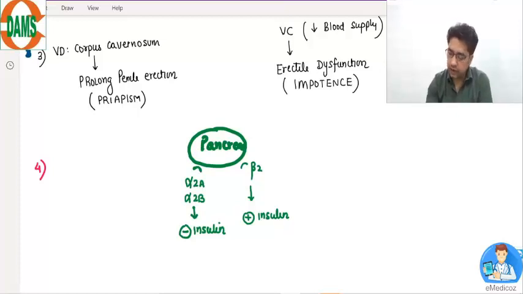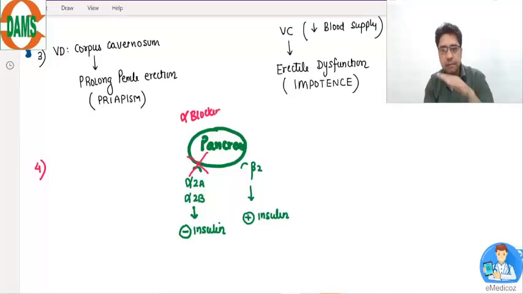So if you give alpha blocker, can we say there will be unopposed beta action? They will promote insulin release.